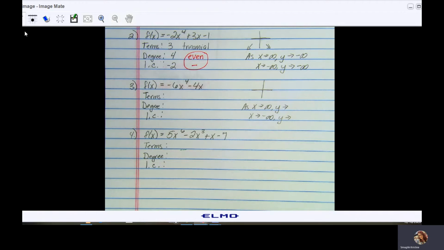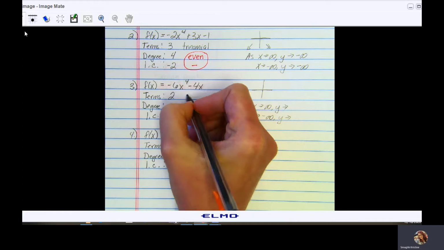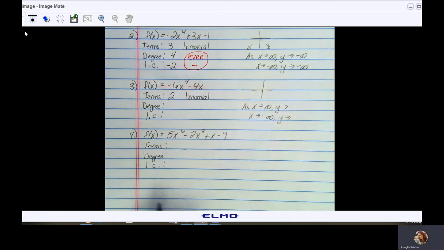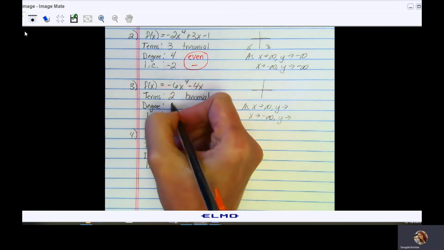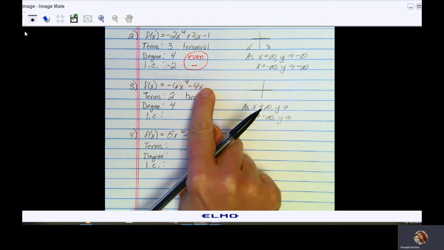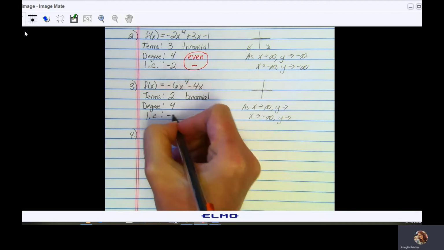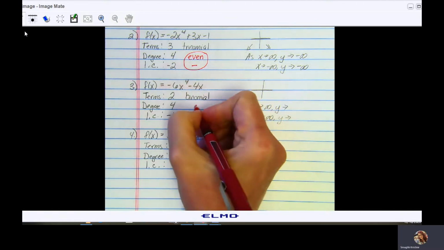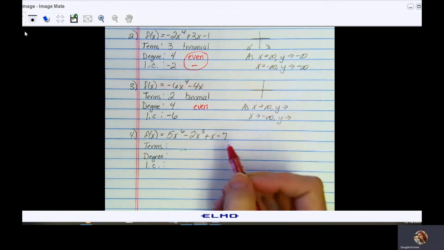Number 3, number of terms, we have 1, 2. 2 terms is called a binomial. The degree is 4. That's my highest exponent. Here would be an exponent of 1. 4 is higher. My leading coefficient then is negative 6. So thinking about end behavior, I am even, negative.